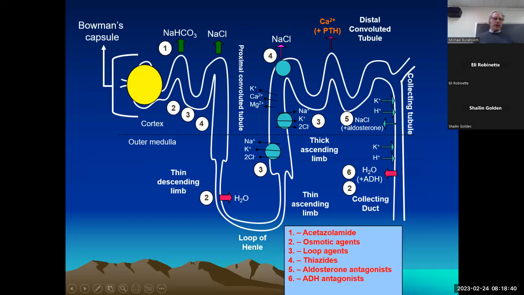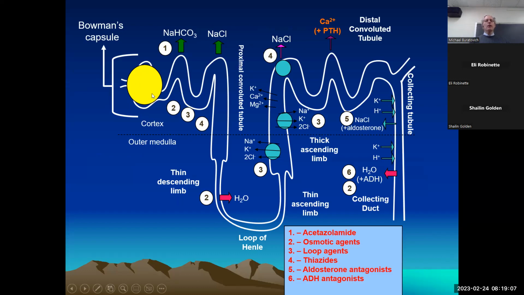Now we come to the kidney and all the places where various drugs that are meant to work in the kidney will work. So the kidney consists of many, many structural subunits known as nephrons. So the blood feeds into the Bowman's capsule here.